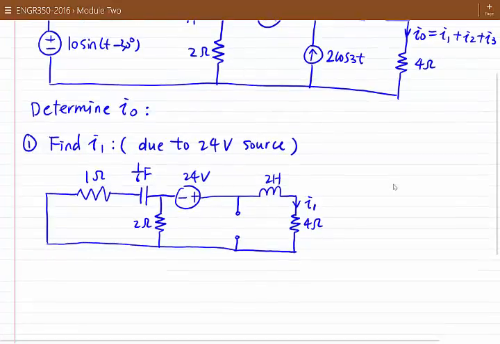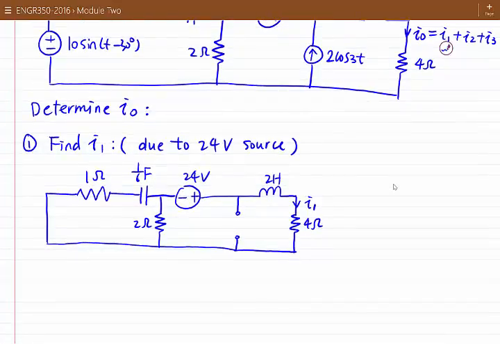As I mentioned, because it is a DC circuit, in steady state the capacitor will be equivalent to open circuit in DC, while the inductor will be like a short circuit.